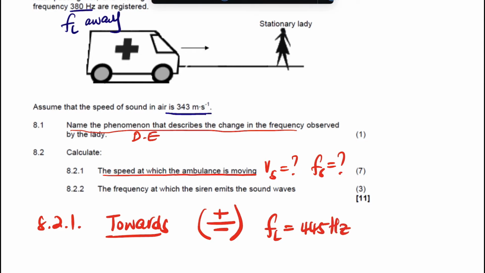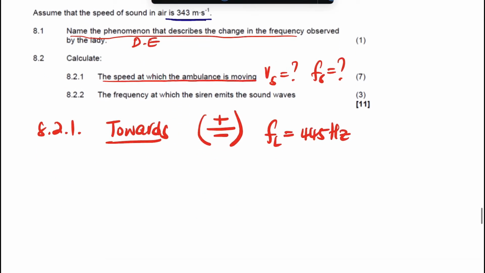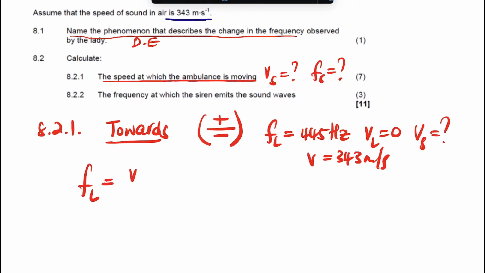The velocity of the listener is 0. The velocity of the source is the one that is asked, and the speed of sound in the air is 343 meters per second. Let's do the equation. It's v plus vL divided by v minus vs, times the frequency of the source.